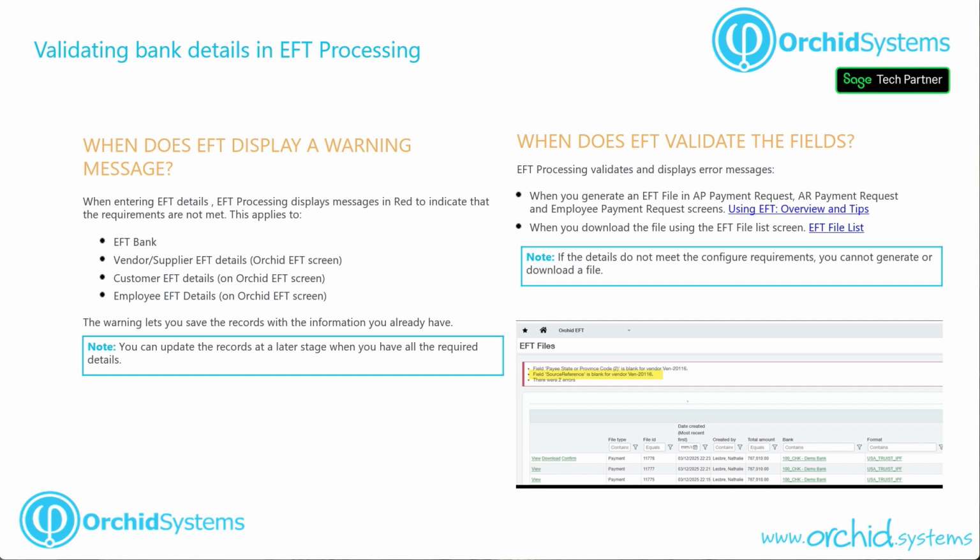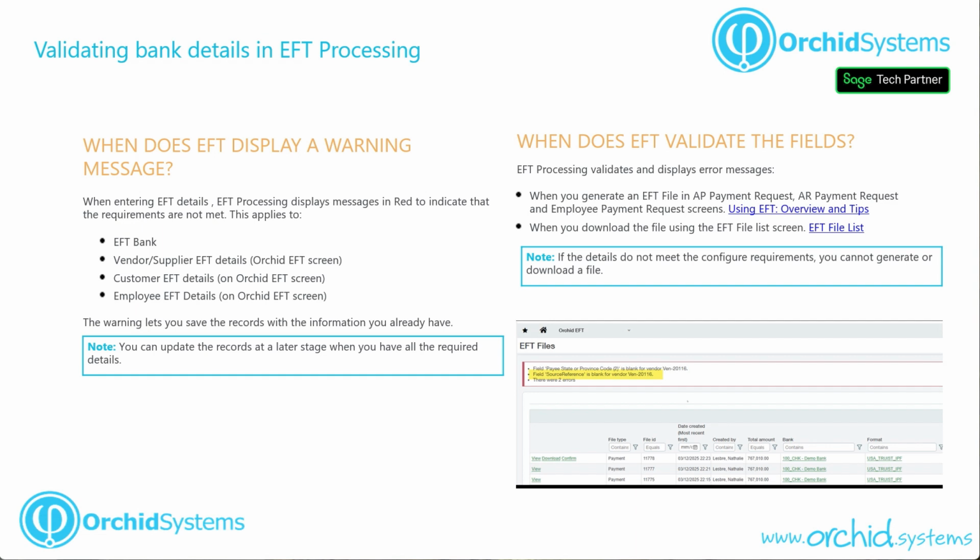When you come to generate the EFT file using AP payment requests or AR payment requests or employee payment requests, if some of the data does not pass the validations, for example, below the source reference for the vendor, then 20116, the source reference is blank and it needs to be a minimum of 2 characters long for the state or province code, then it will not let you generate the EFT file.